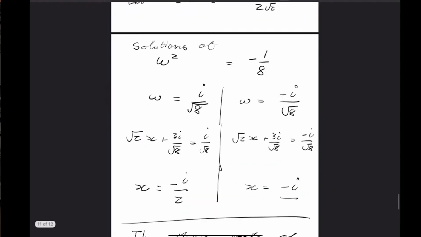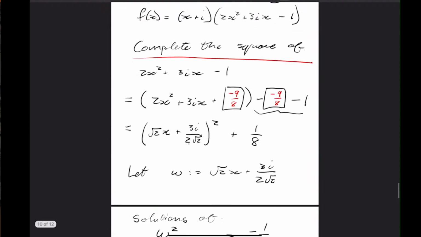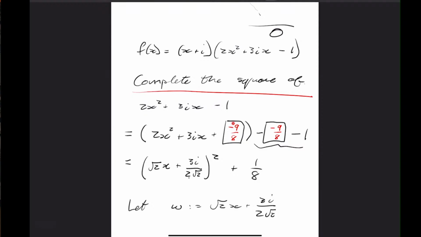Okay, let me take a look at the chat. There is a question from Rutendo. Can we please explain how we got the minus 9 over 8? That comes from this term. That is the square of that term. So do revise completing the square. It's not very difficult, but it does require a little bit of practice.